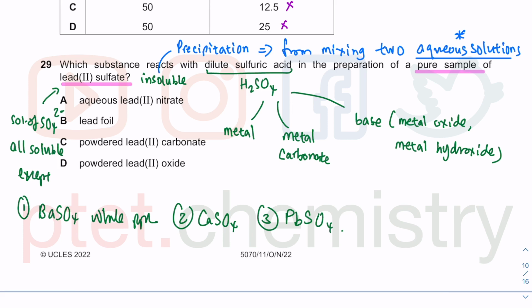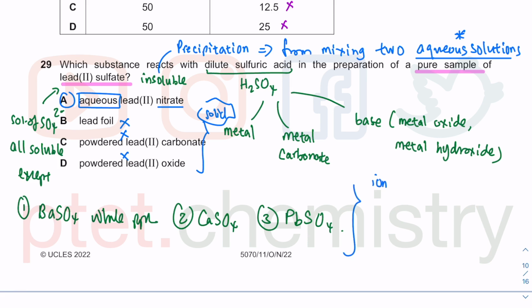So it's not going to be the metal, not going to be the powder, which are solids. So B, C, and D are not going to be suitable. This is nitrate. All nitrates are soluble. You use a solution of this together with a solution of acid, and it's going to precipitate out the lead(II) sulfate.